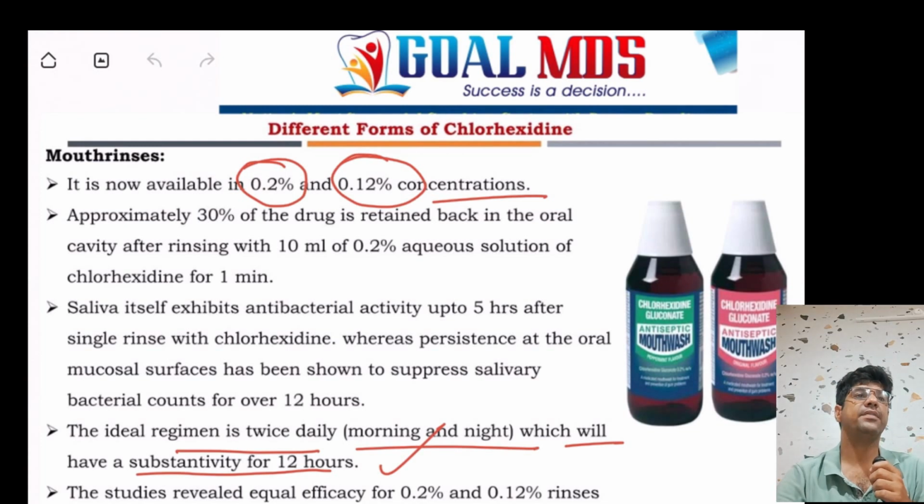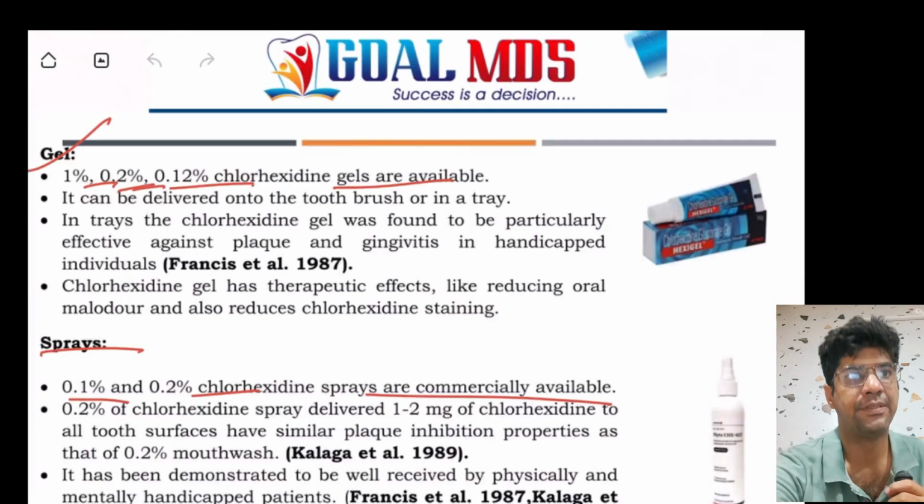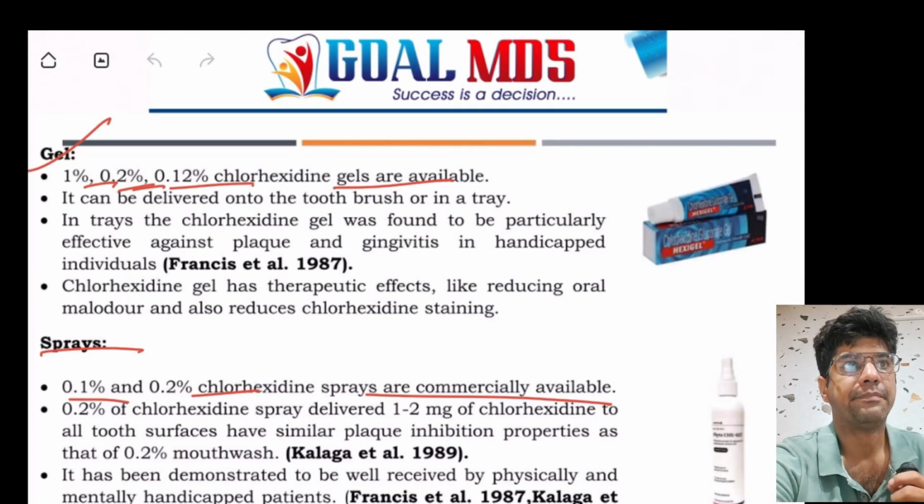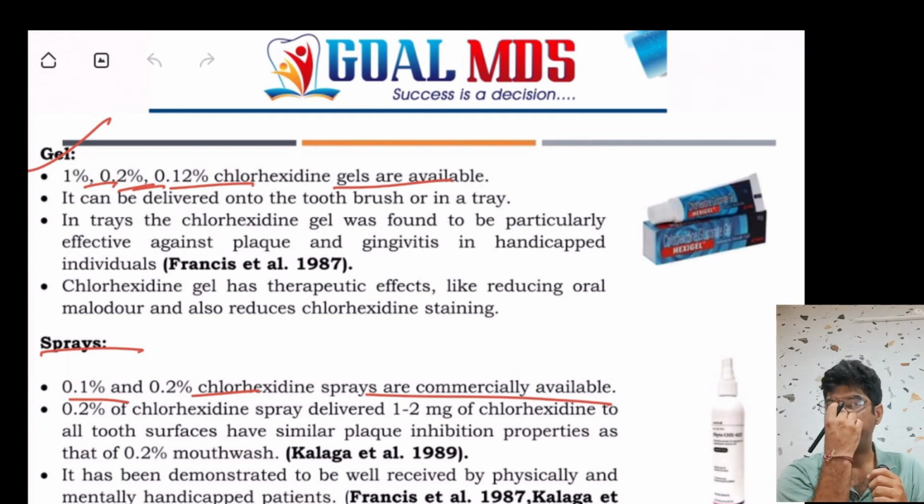Now the chlorhexidine is available in the form of mouth rinses. Remember the concentration, it is available in 0.2 to 0.12%. The chlorhexidine is used twice daily, which will have substantivity for 12 hours. It is also available in gel form as concentration of 1%, 0.2% and 0.12%.